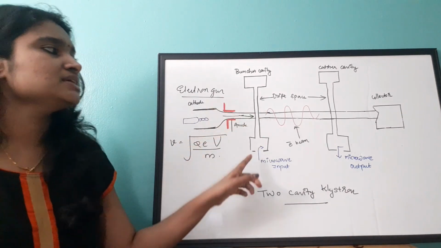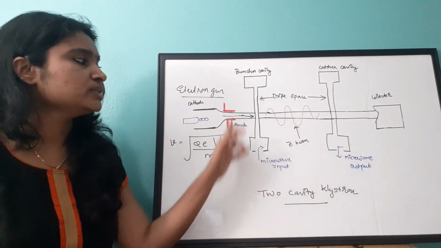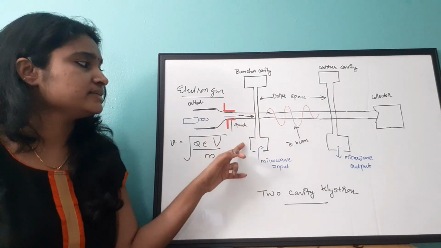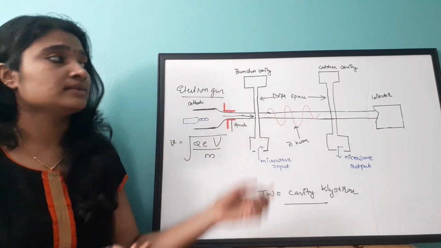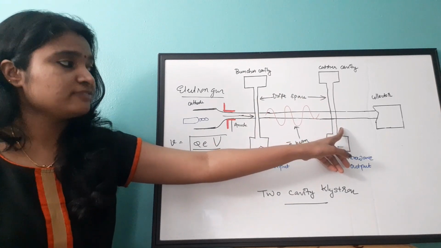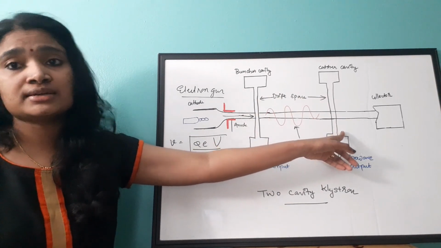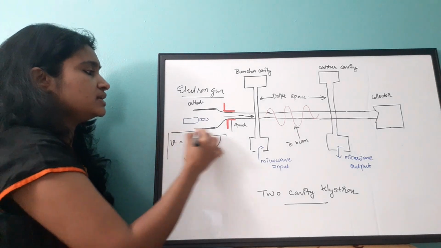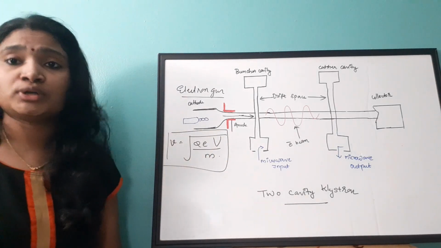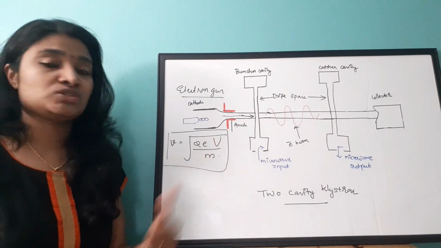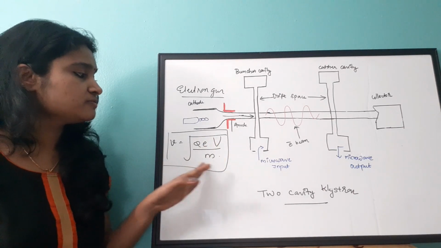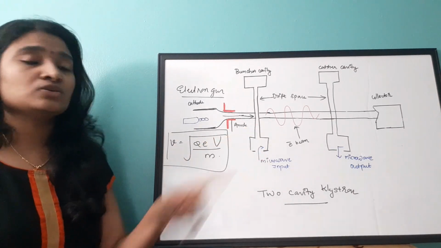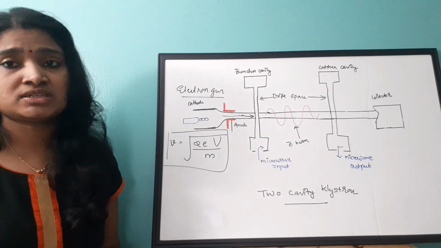You can also see here that due to the applied potential the electrons are getting accelerated, and here, due to the effect of potential, the electrons are getting decelerated, that is, velocity is reduced. So velocity is highly dependent on the applied voltage V. This is the equation for finding the velocity of the electron in the klystron cavity.